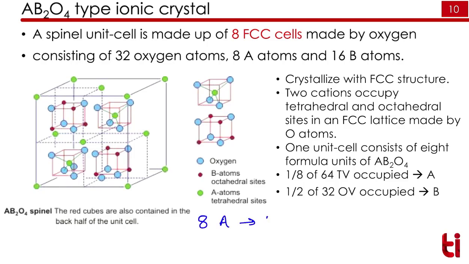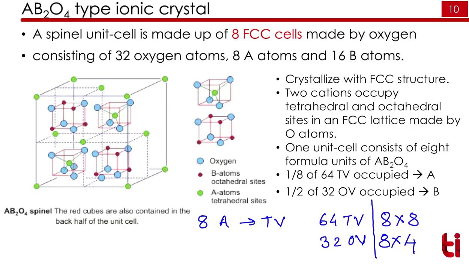If it is FCC, we should have 64 tetrahedral voids in total and 32 octahedral voids in total, because we have 8 unit cells of FCC and we have 4 octahedral voids in each, so a total of 32 octahedral voids. Again we have 8 unit cells and 8 tetrahedral voids per unit cell, so a total of 64 tetrahedral voids.